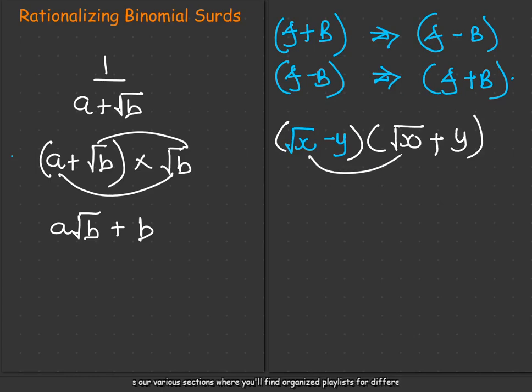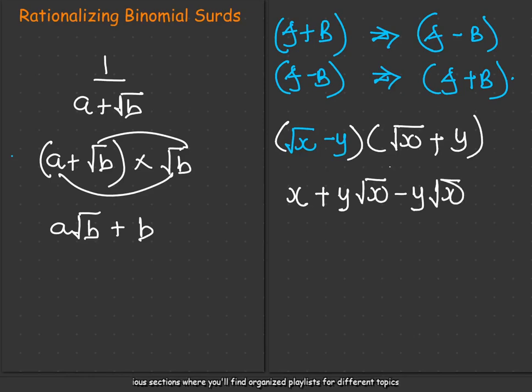Doing our multiplication, we have root x times root x, which gives us x. Root x times y will give us positive y root x. Then negative y times root x will give us negative y root x. And then negative y times y gives us a negative y squared.